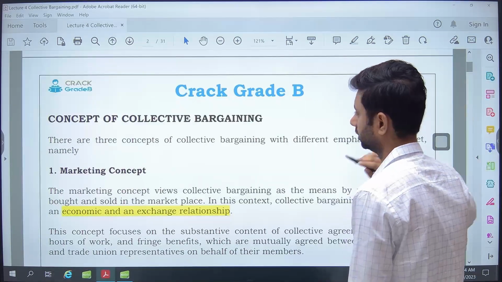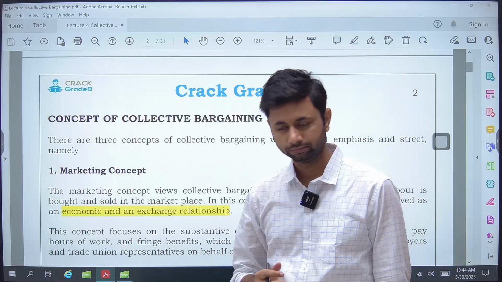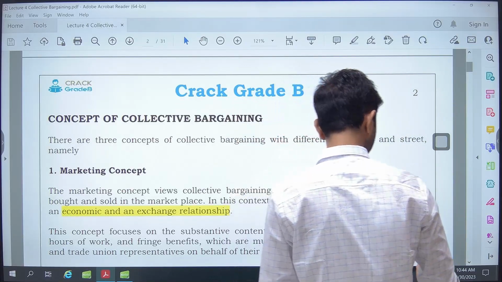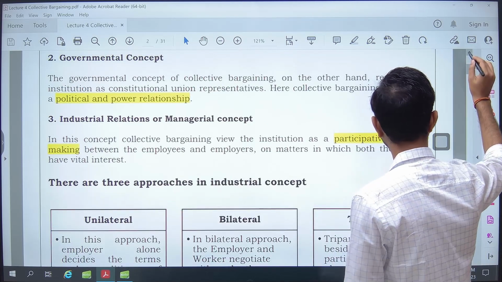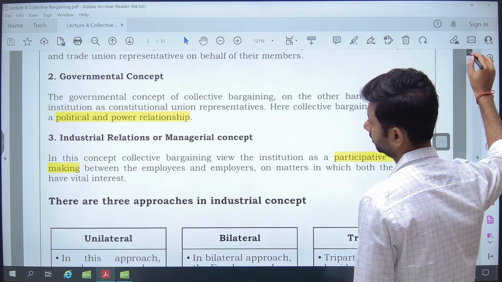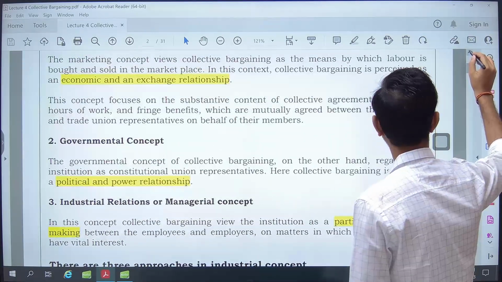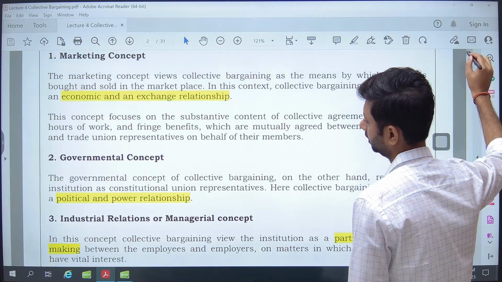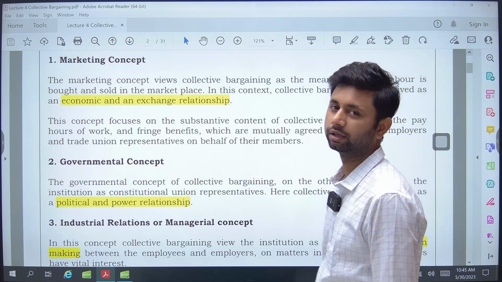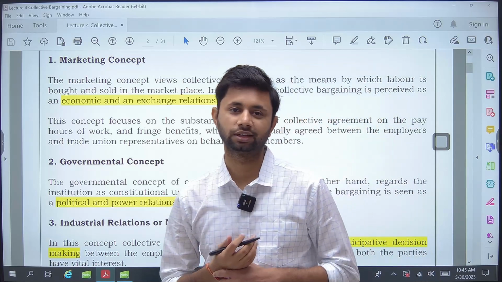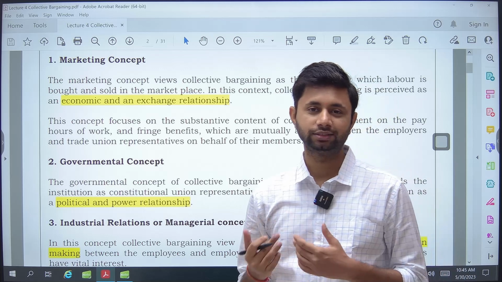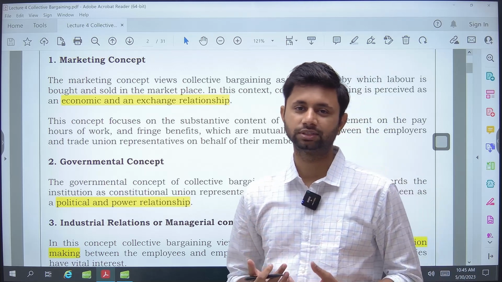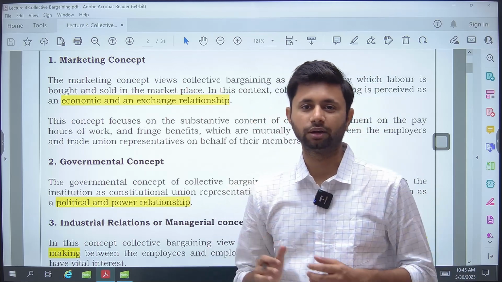Here we are talking about the concept of collective bargaining. In this portion, they are saying that collective bargaining is a marketing concept, a government concept, and an industrial relations concept. These are based on the different emphasis within the collective bargaining setting.